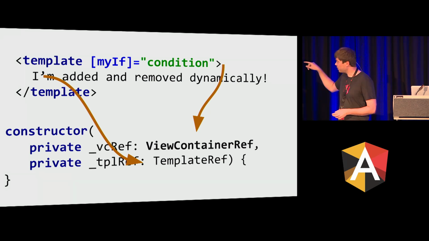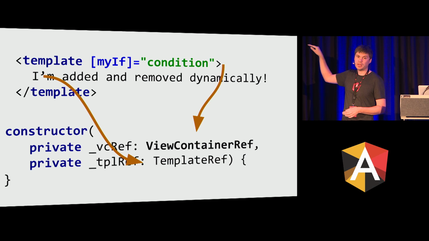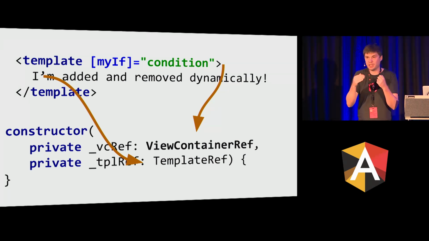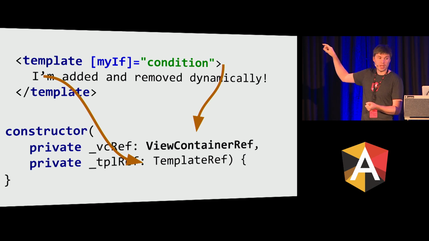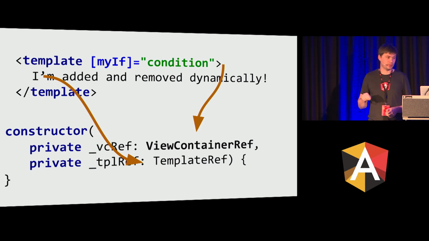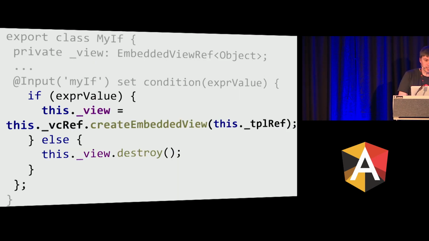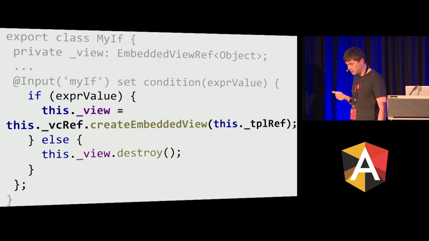The interesting part about the ViewContainerRef is that it's also anchored at a certain point. So we're saying in the ViewContainer, I can insert views. But since it's connected to the node, I'm inserting those views in a very precise place. It knows where to insert the nodes. So if we use this new ViewContainerRef API, our ngIf or myIf implementation becomes very simple.